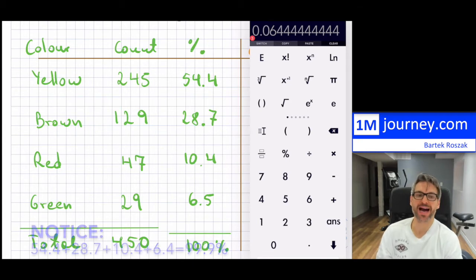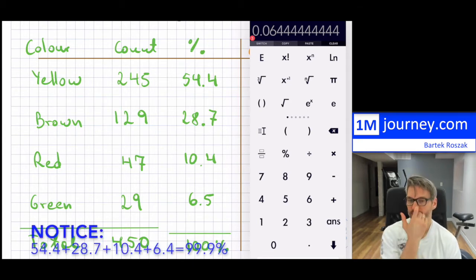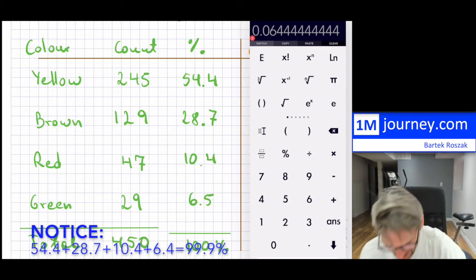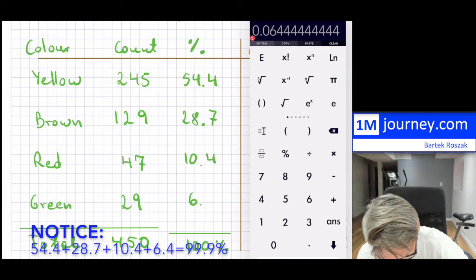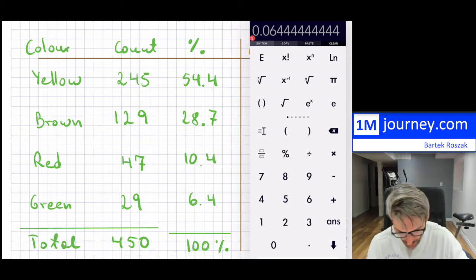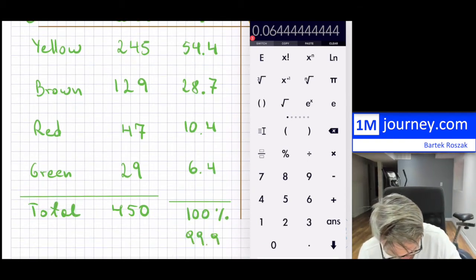Now notice what may happen, and this is actually what has happened here. If I round the last one, for green, it's going to be 6.4%, which is not going to be exactly 100. That's okay. It can happen, depending on your rounding, that you may not have exactly 100%, so just be careful how you round. You, of course, don't want to go over 100. I put 6.5 at first, but because 6.5 would have gone over 100, I'll keep it at 6.4, which really means this is 99.9%.